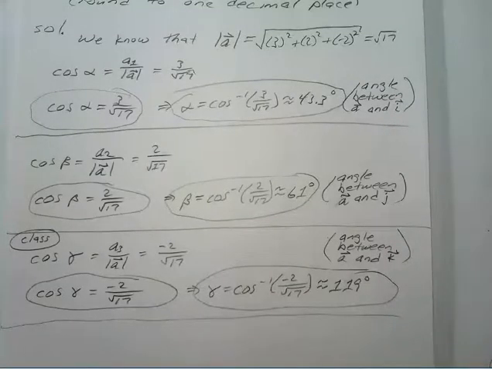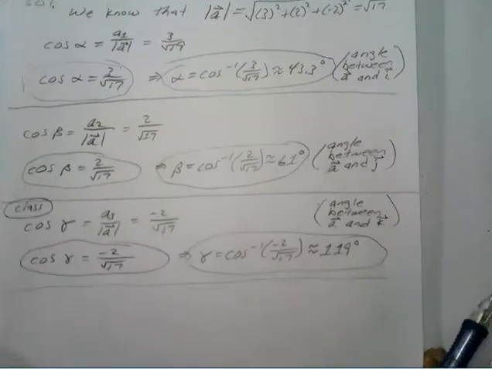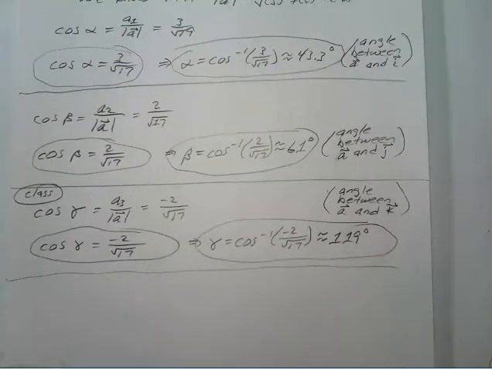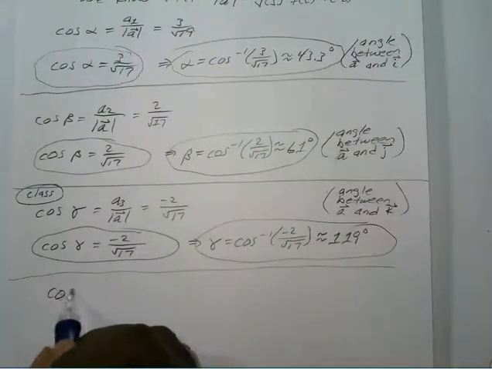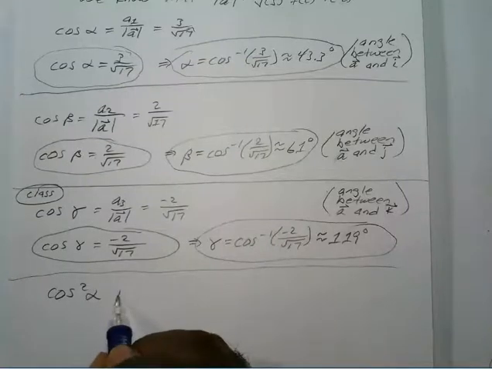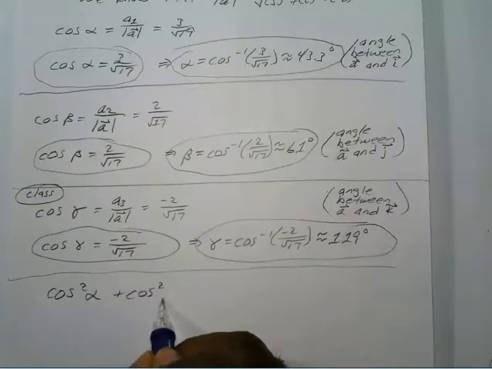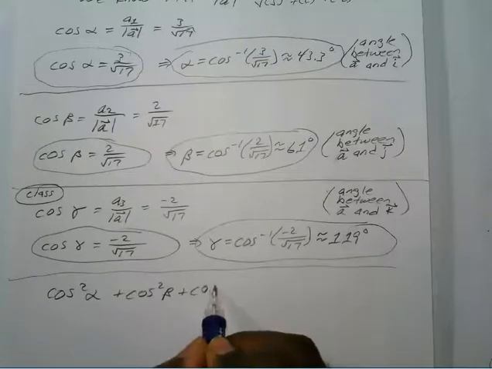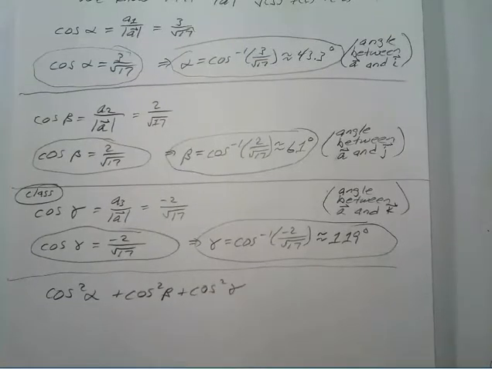But we still have to verify that the sum of the squares of our directional cosines is equal to 1. All right, so we want to see that cosine squared of alpha plus cosine squared of beta plus cosine squared of gamma.